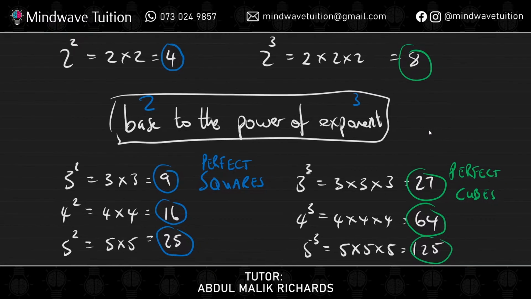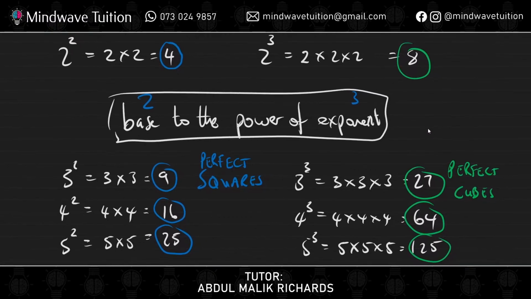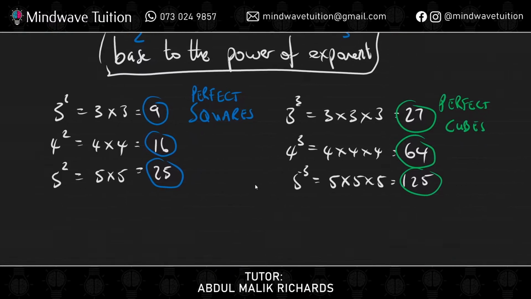So your squares and your cubes are important. You need to know them. For the squares, you want to go all the way down to 12 squared, which is 12 times 12. That's 144.